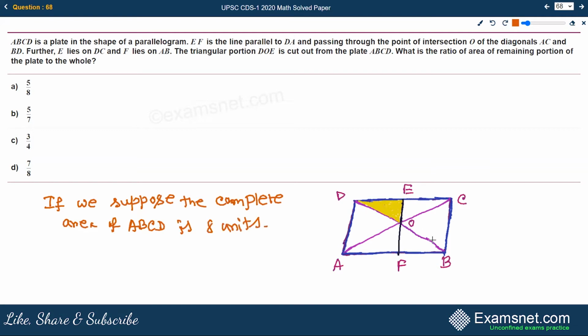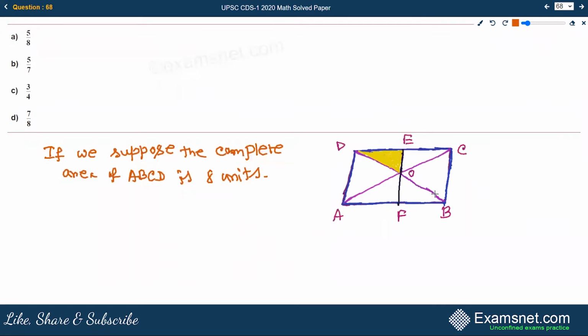Then diagonal BD will divide it into 2 equal parts, BCD and ABD.